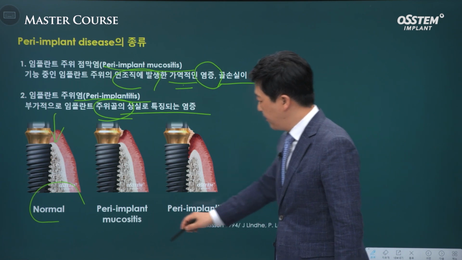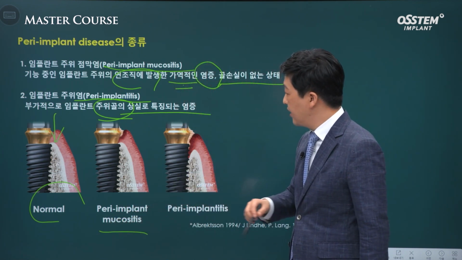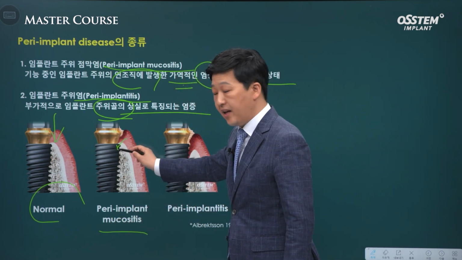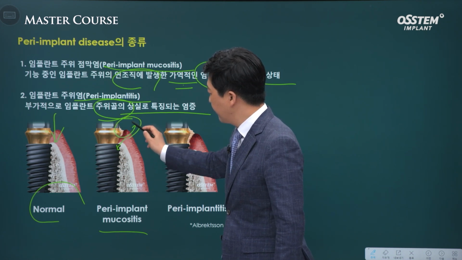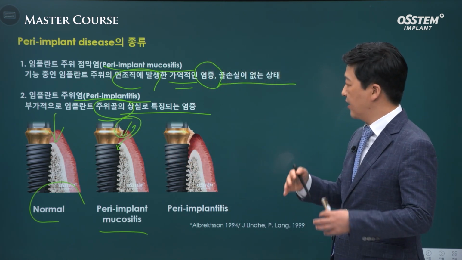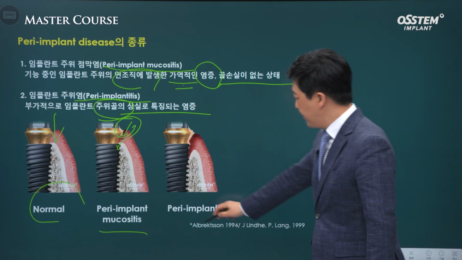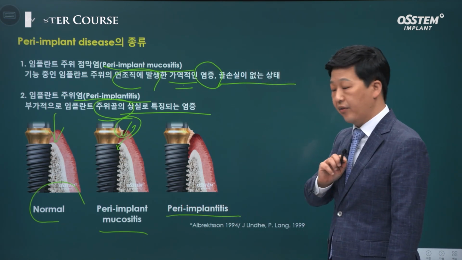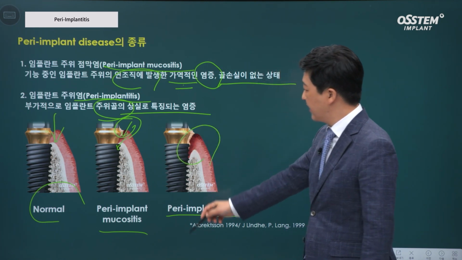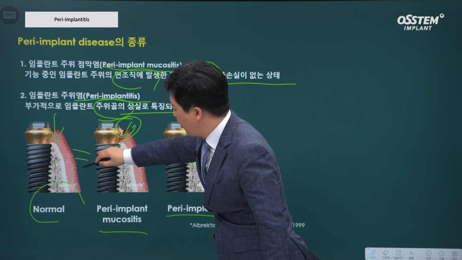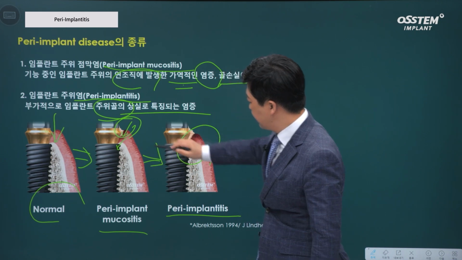However, if there is peri-implant mucositis, there's no alveolar bone resorption, but because of mucositis, there is bleeding and inflammatory exudates. Once peri-implantitis occurs, bone is resorbed and gradually the disease progresses.